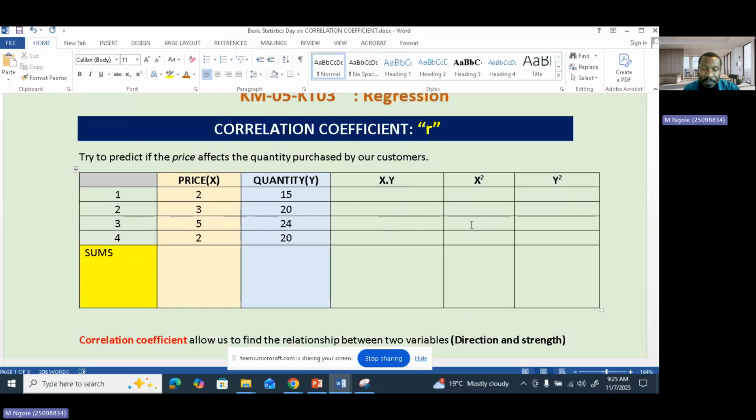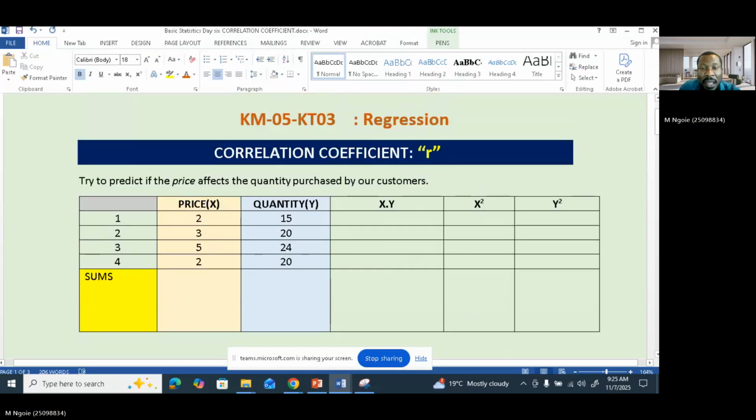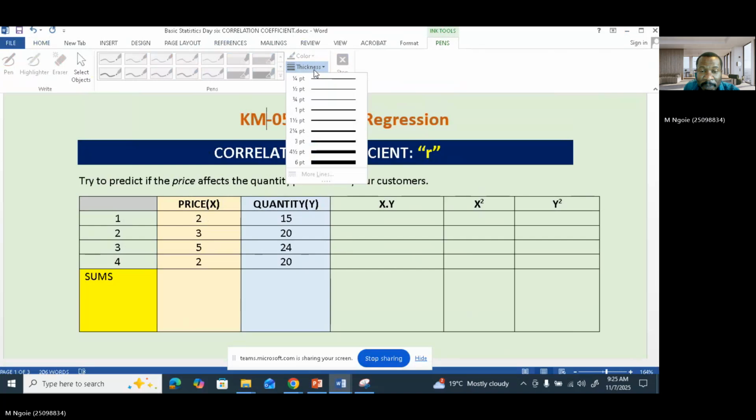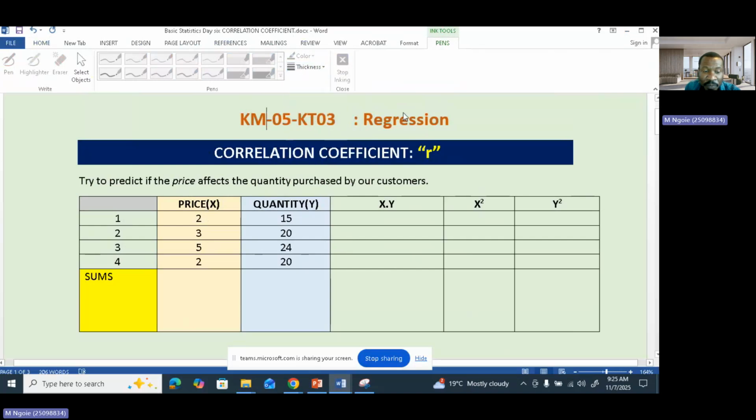Those are the two columns. There is price, this is the X column, and there is the quantity, this is the Y column. In order for us to find the correlation coefficient, we need to find the sums.